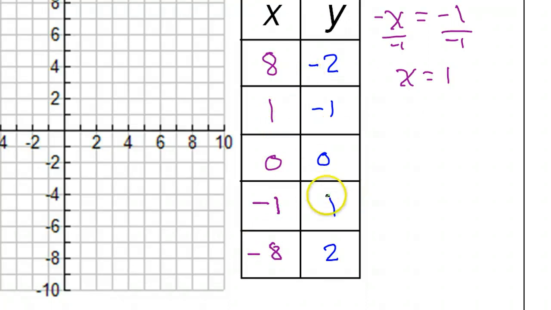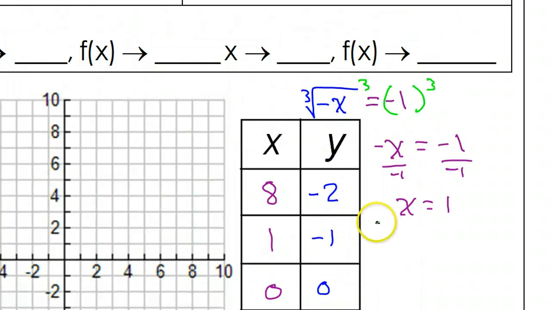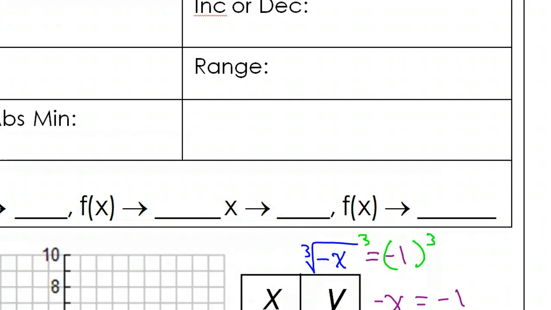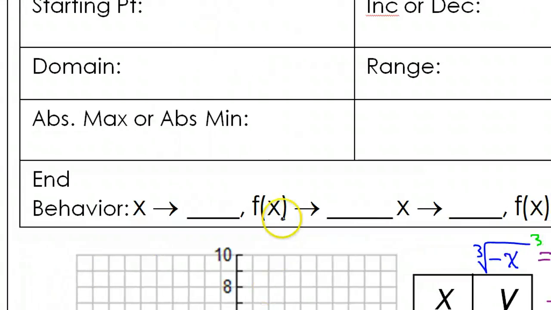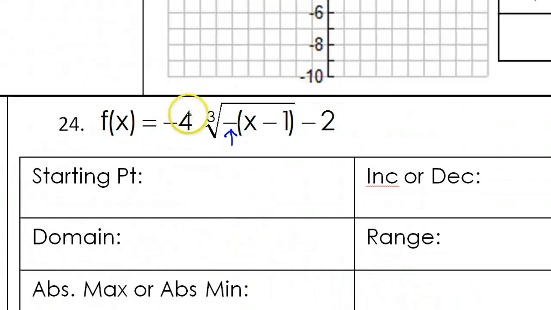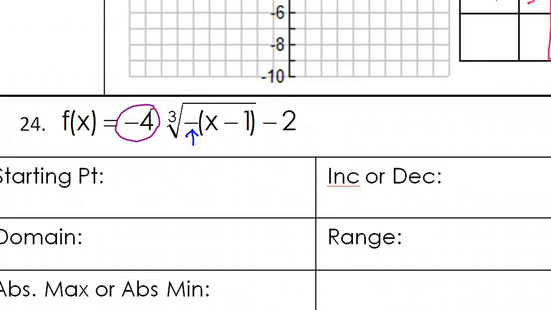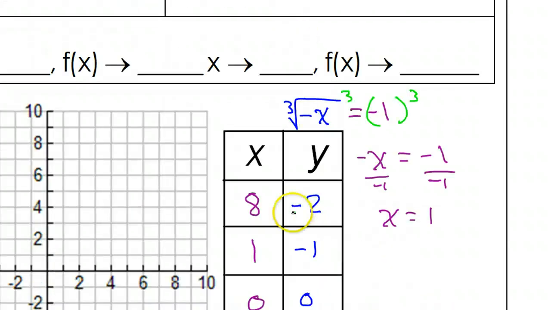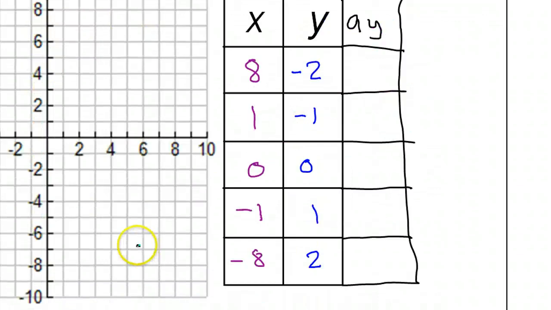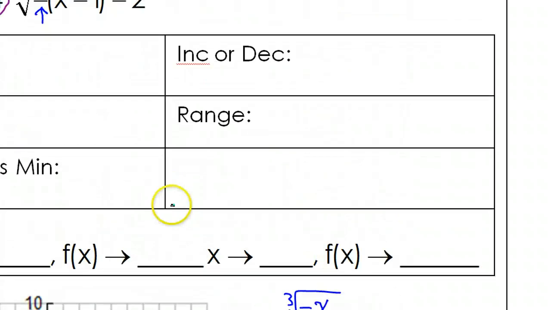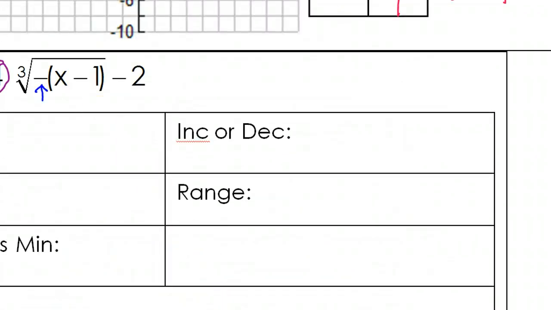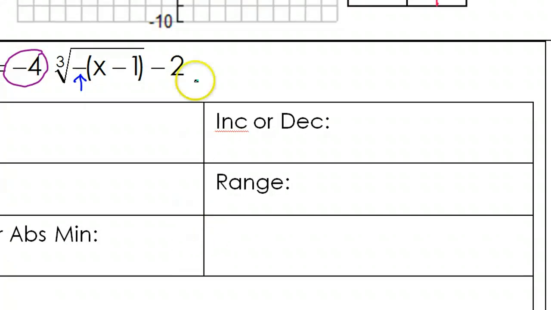So these are the values, but wait, they're not the values, because is there an a value? Yes, there is. See, we got the -4 to deal with. That means we need a third column on this table. The third column is where we multiply all these y values by a. So I'm going to call it the AY column. And remember that a value is -4.